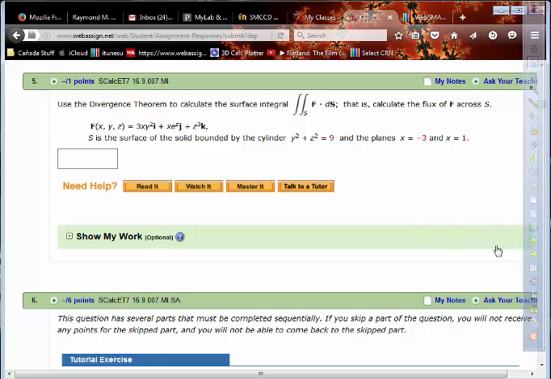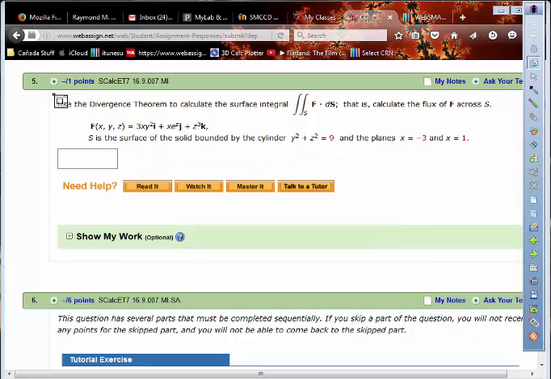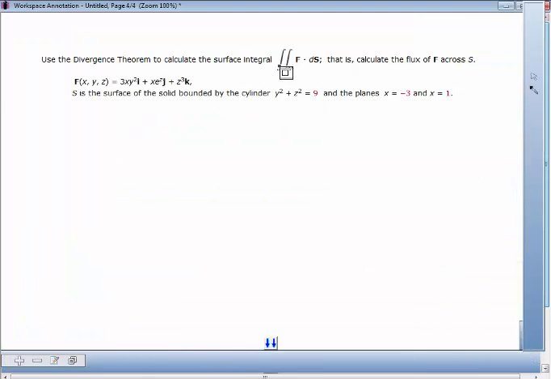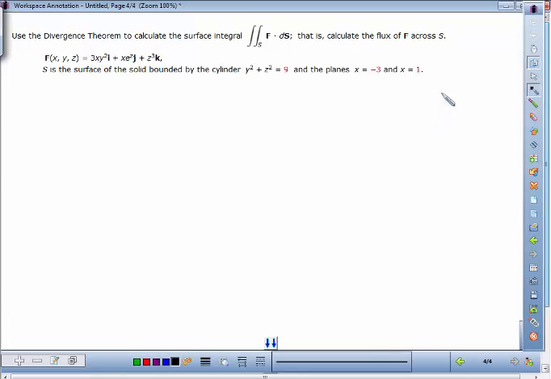Let's look at number 5. It says to use the divergence theorem to calculate the flux of F across S. Here's your F, and now your S is what we want to focus on.